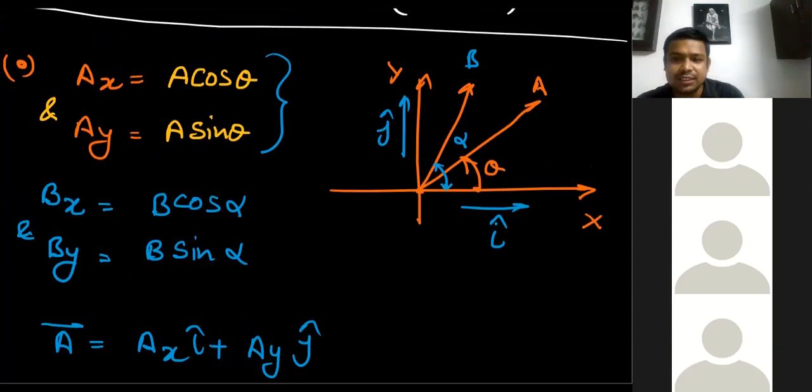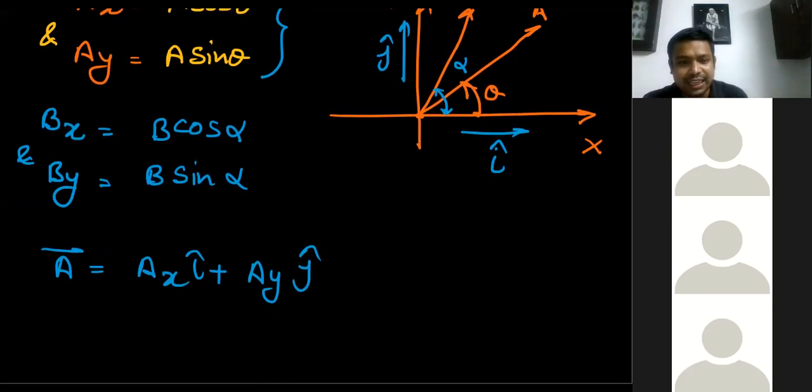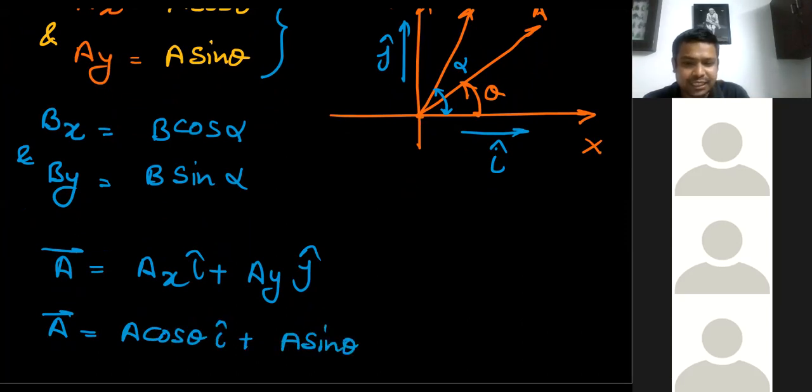The x-axis represents the i cap direction, and the y-axis represents the j cap direction. Is it right or wrong? Yes, sir. So vector A is written like this: A cos theta i cap plus A sin theta j cap. Clear, my dear friends?